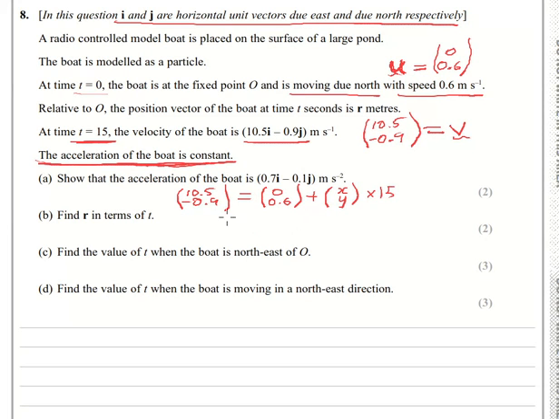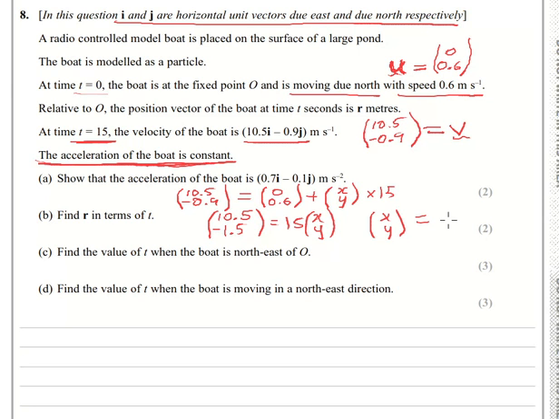I can subtract that over there, so I get (10.5, -1.5) equals 15(x, y). And then I can divide both sides by 15. And so I get (x, y) equals, and dividing the vector by 15 is the same as doing 10.5 divided by 15 and -1.5 divided by 15.